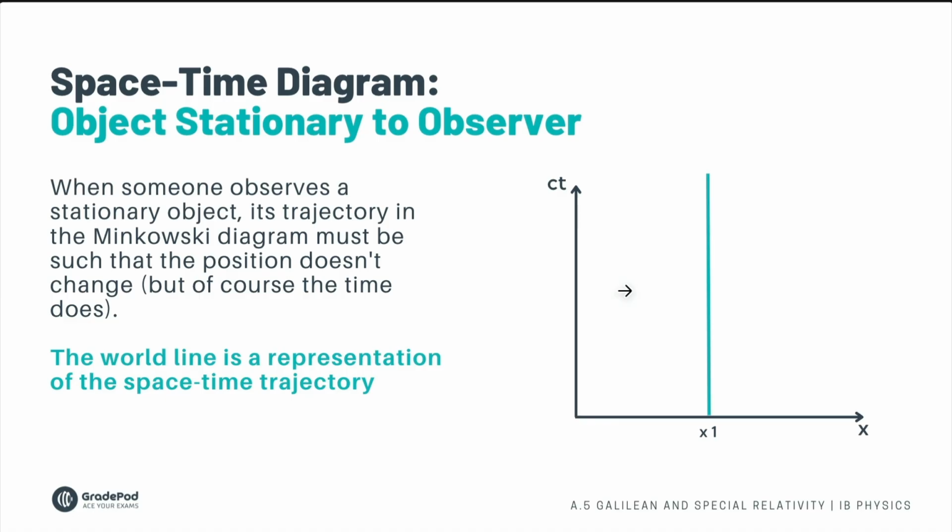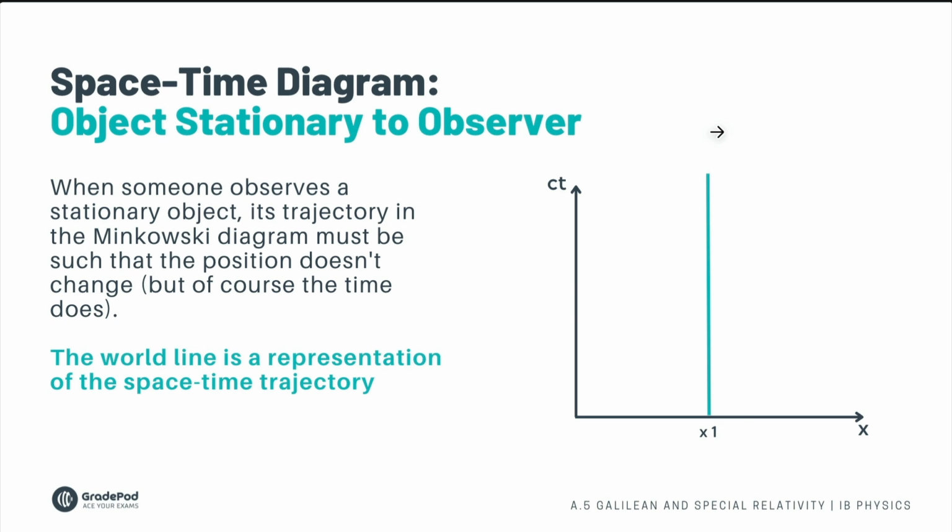Let's start looking at what information a space-time diagram can give us. When somebody observes a stationary object, its trajectory, its path, on a space-time diagram or a Minkowski diagram must be such that the position doesn't change. But of course the time does.